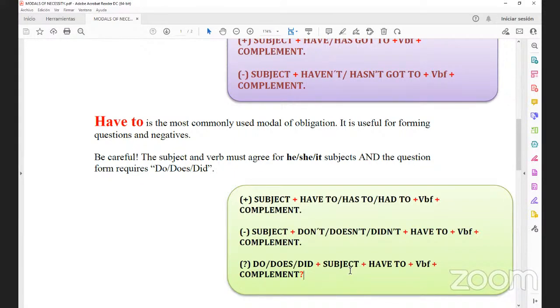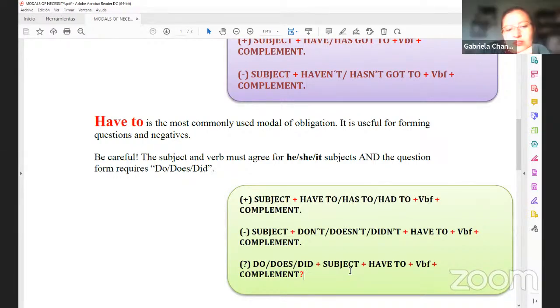Could you tell me, Chris, three affirmatives and three negatives of things you have to do during this week? I have to send an email tomorrow.